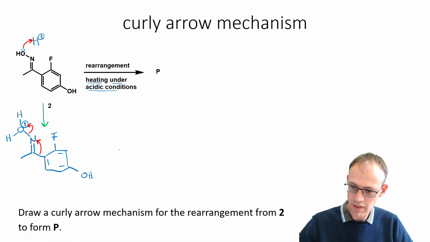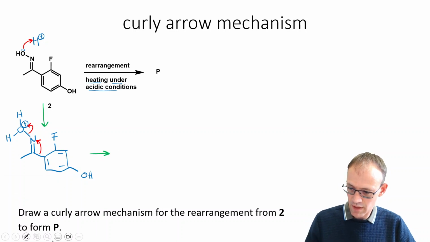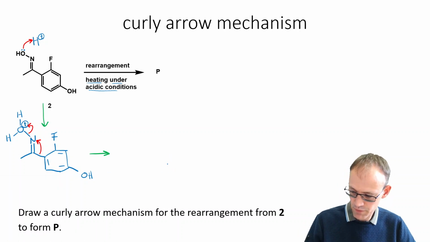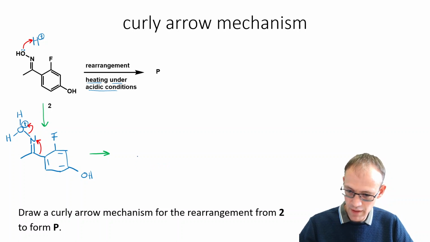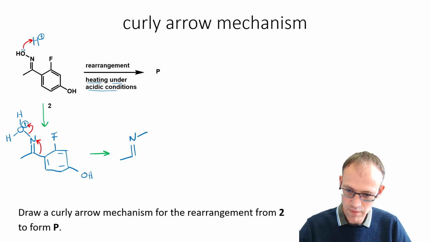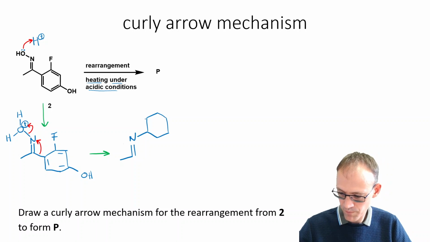I'm going to draw my reaction arrow. And if I now draw what should be the product of this particular reaction, what I see is, if I start drawing from the left, I now have this nitrogen, but this nitrogen is now connected to the aromatic ring, like so.